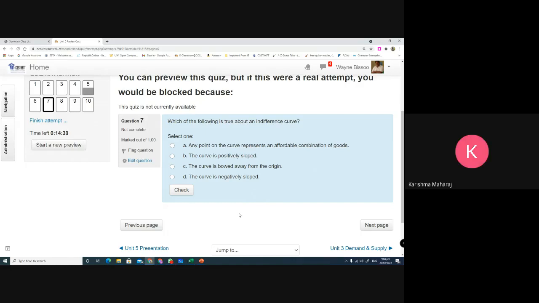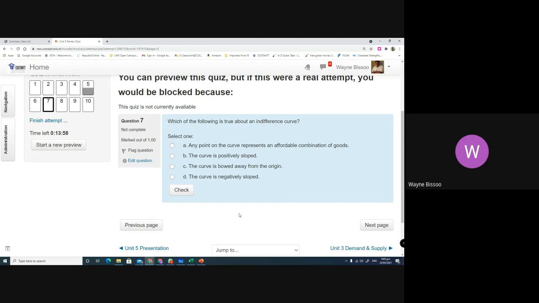C, the curve is bowed away from the origin. The curve is negatively sloped. B, positively sloped. Right, so you all know C, you need to review your stuff. Is it concave or convex to the origin?